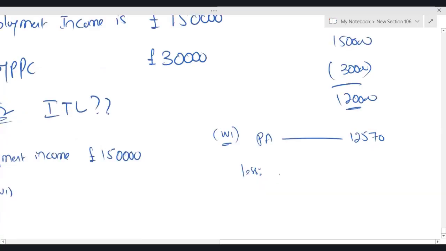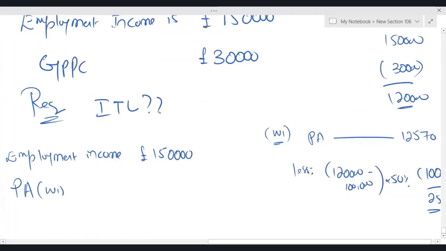Adjusted net income will be 1,20,000. From this 120, we'll deduct 1 lakh, into 50%, 1 upon 2, I'll get 10,000. So available personal allowance is 2,570.